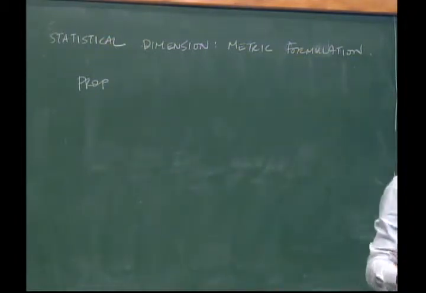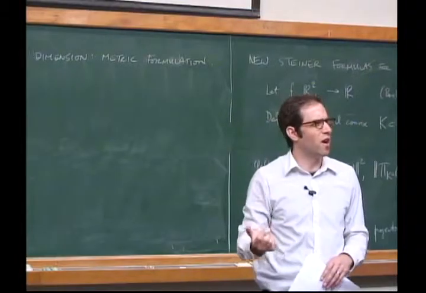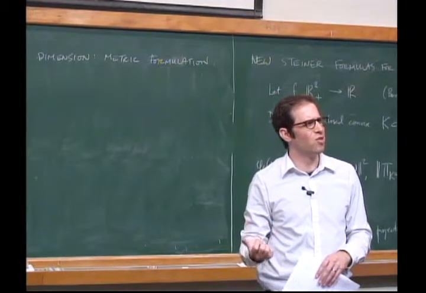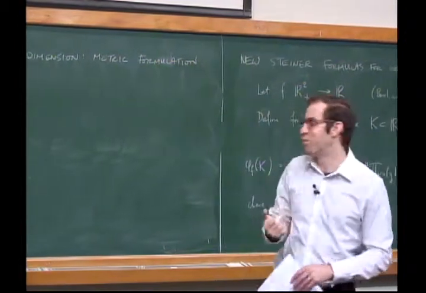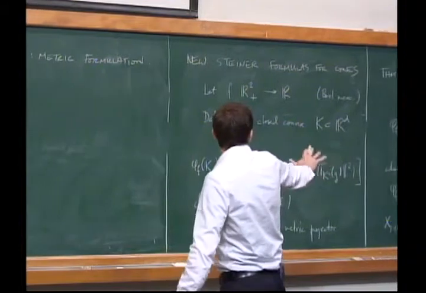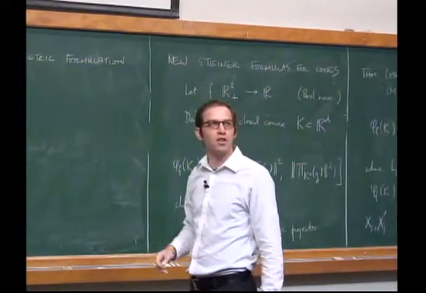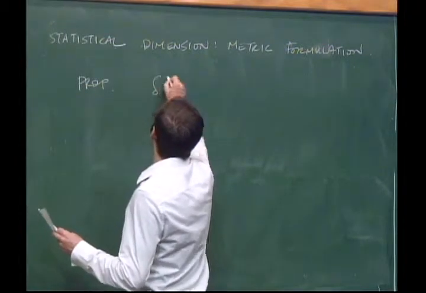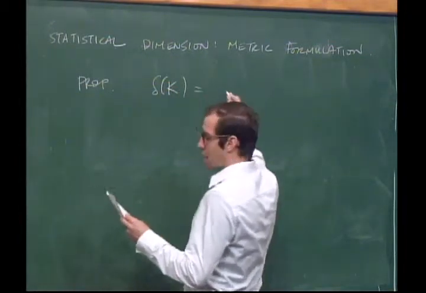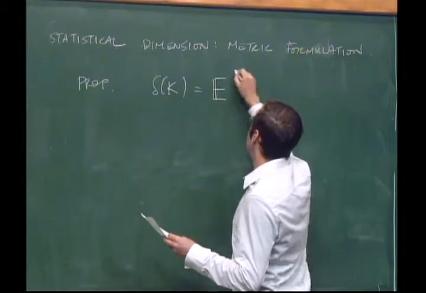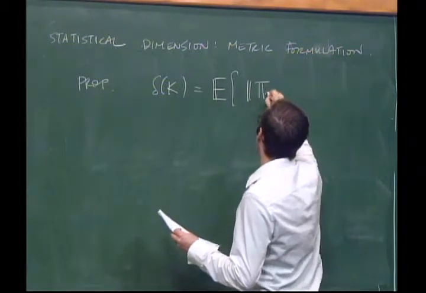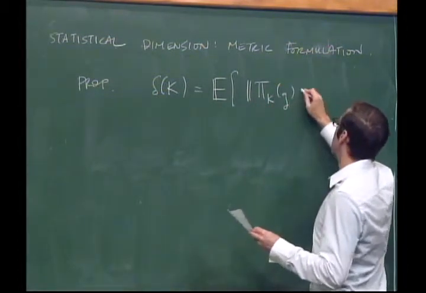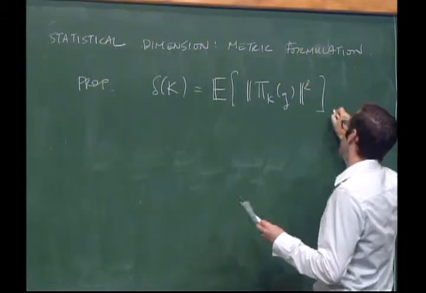It's the mean value of the intrinsic volume sequence. We don't know how to compute intrinsic volumes. So that's a problem. But it turns out that this gives us a very effective tool for actually computing that quantity. So the statistical dimension of a closed convex cone K is given by the expectation of the norm of the projection of a Gaussian onto the cone in squared Euclidean norm.